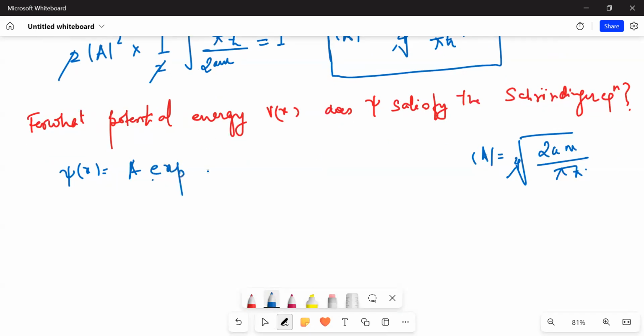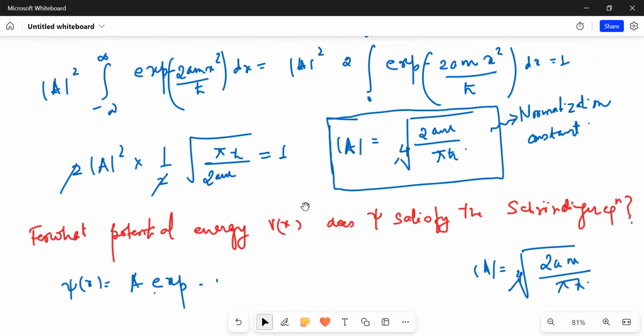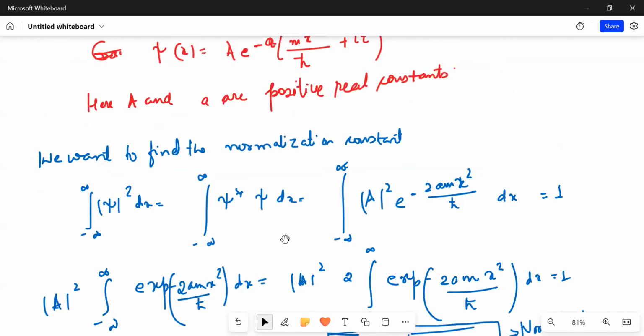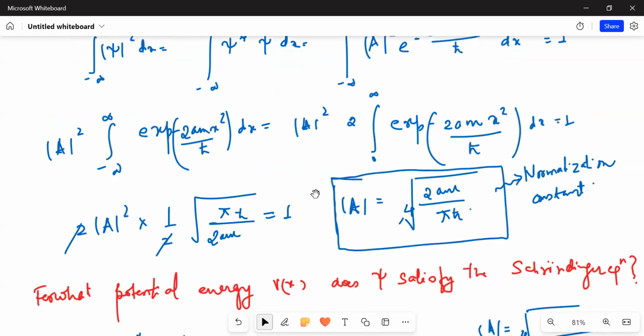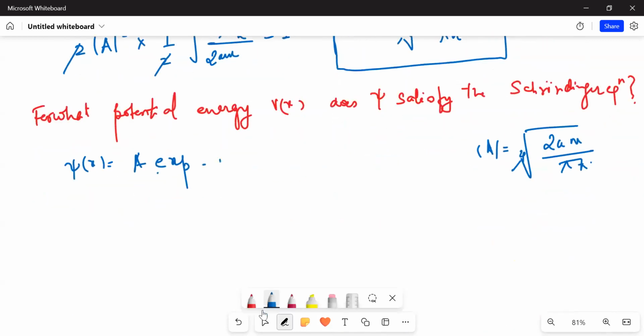And I know that my psi of x is equal to e to the power of minus a m x squared upon h-bar, and then minus i a t. This is not h-bar squared, this is h-bar.